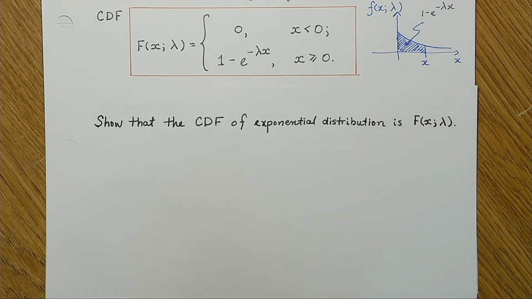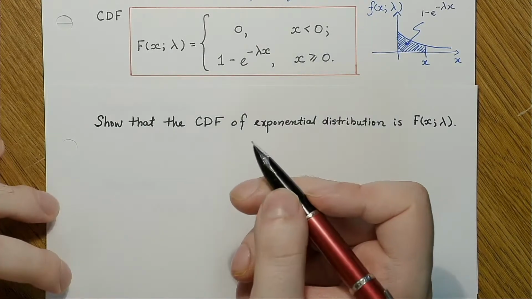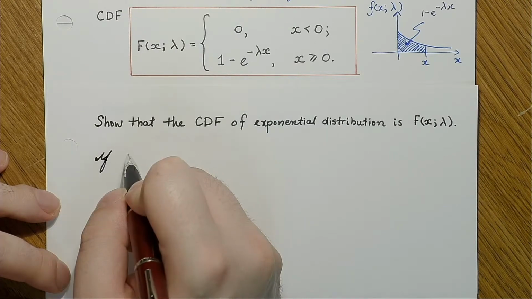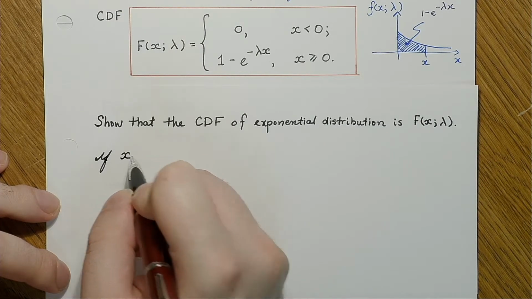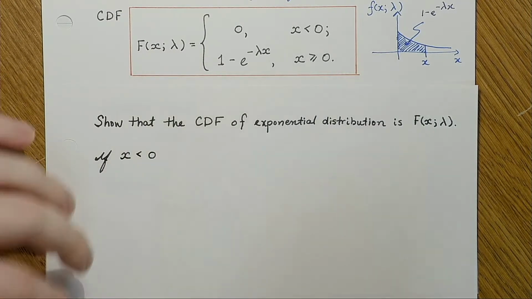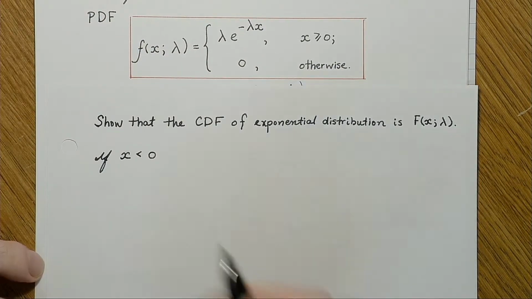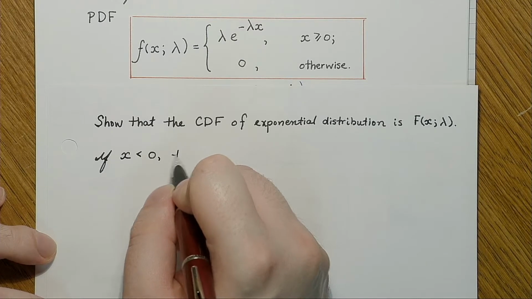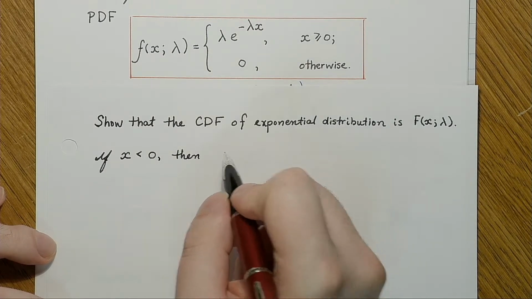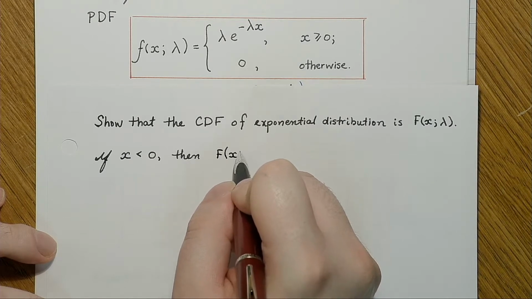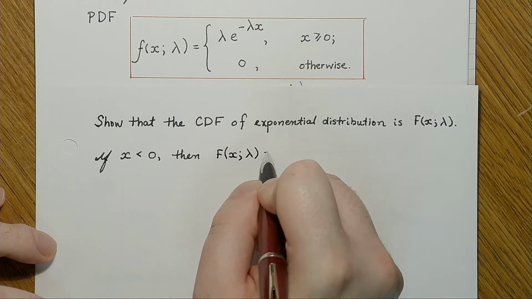So again, if x is less than 0, just by the PDF, then the function is 0.